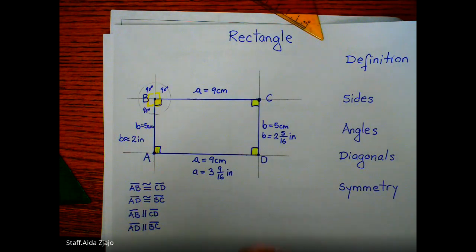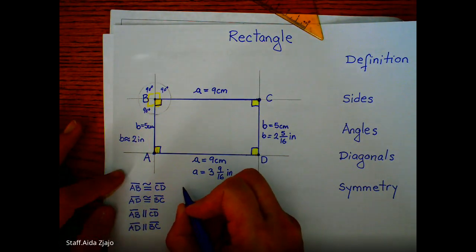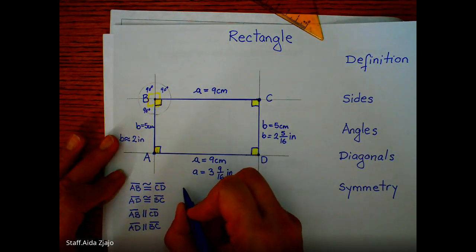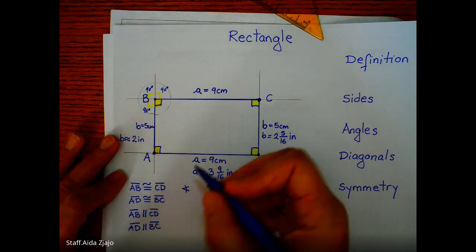And then we can also label our angles with a little tiny angle mark with a line across. Some people use that.